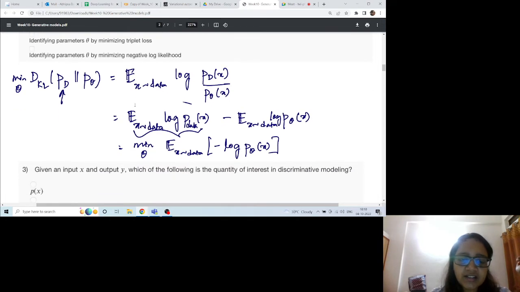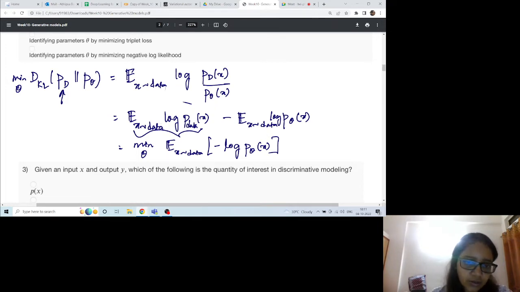Now let's expand this a little bit more. If you break the log, this becomes log of pd of x minus log of p theta of x, and since expectation is linear, you can break this expression in this way. So it becomes the expectation of x sampled from the training data that you have.